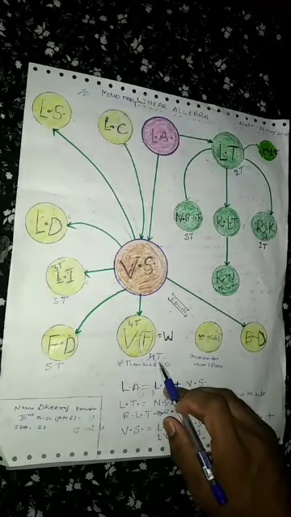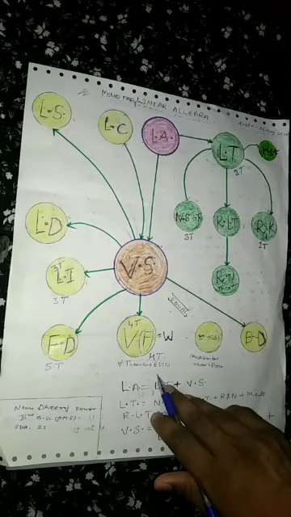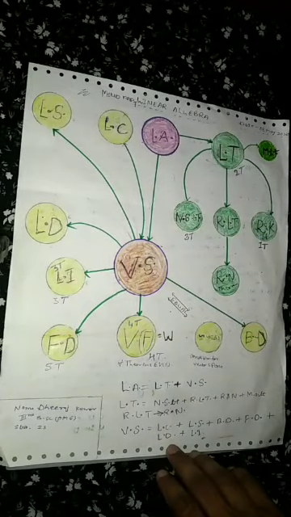First theorem is saying a non-empty subset W of a vector space V is a subspace of V if and only if for all alpha, beta belonging to W, alpha plus beta belongs to W, which means addition of two vectors is a vector.